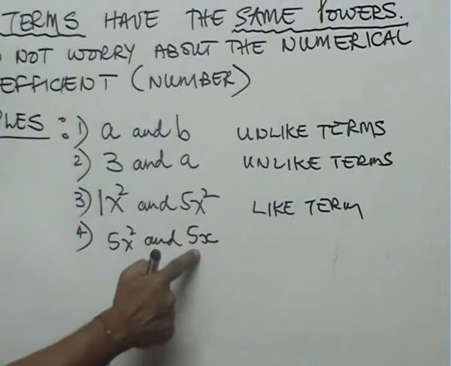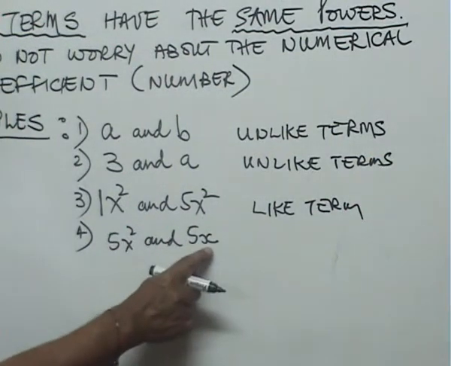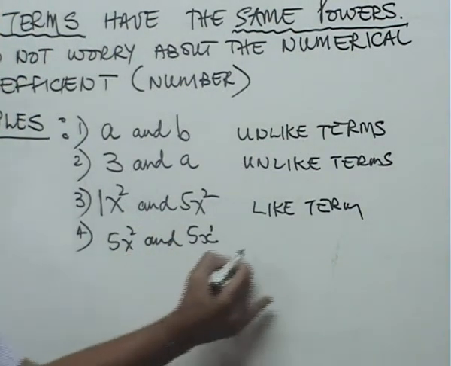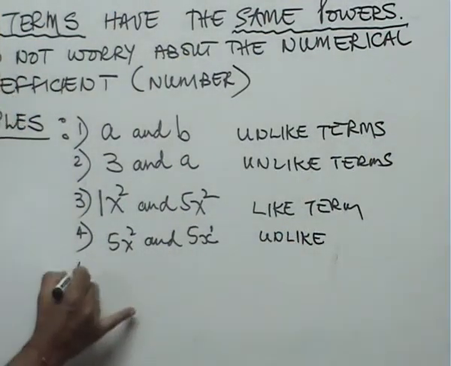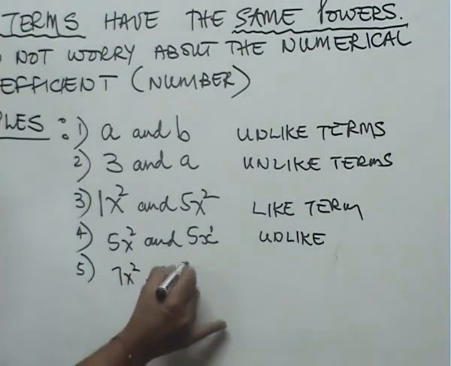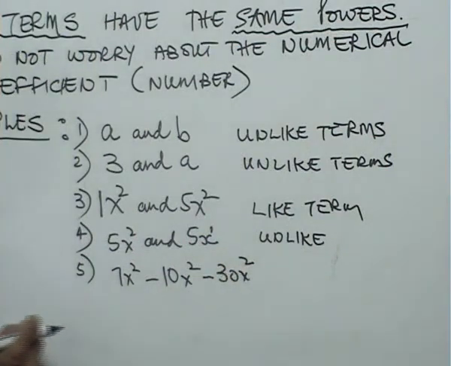We are not worried about the numbers. We're only worried about the powers. This power is x squared. This power is x to the 1. The powers are not the same, therefore it is unlike. Let's take another example. 7x squared minus 10x squared minus 30x squared.